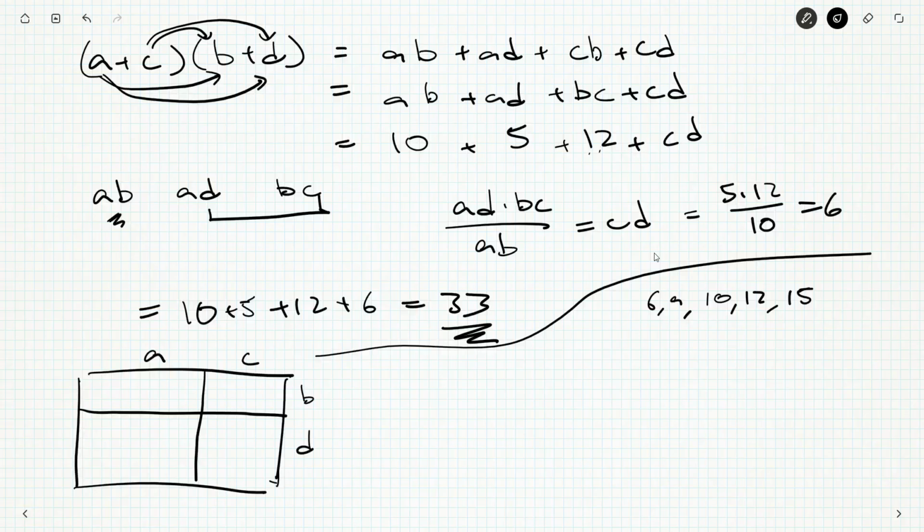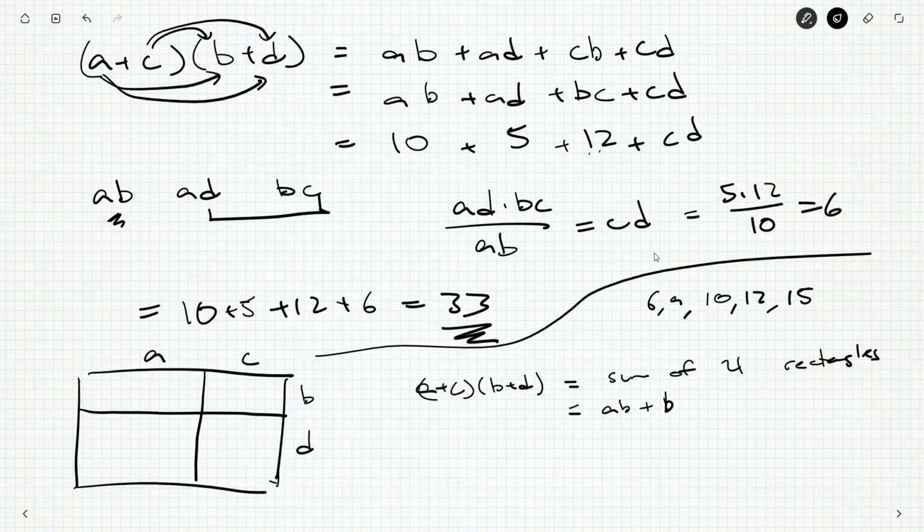So then the overall area, (A plus C) times (B plus D), is really just the sum of the 4 rectangles. Okay. So that's AB plus BC plus AD plus CD.